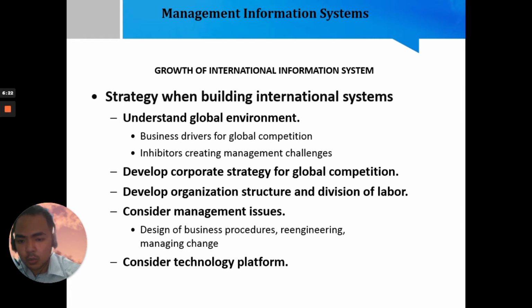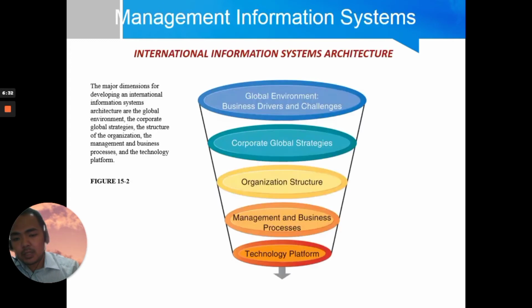So consider management issues: design business procedures, re-engineering, managing change, and consider the technology platform. Okay, so this is the International Information System architecture structure: global environment, business drivers, and challenges.